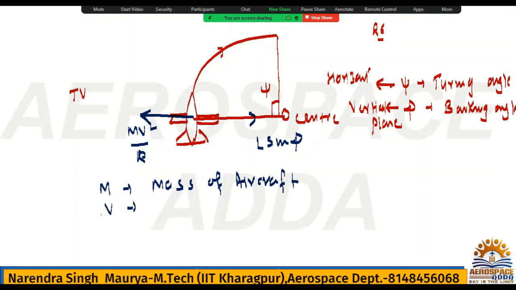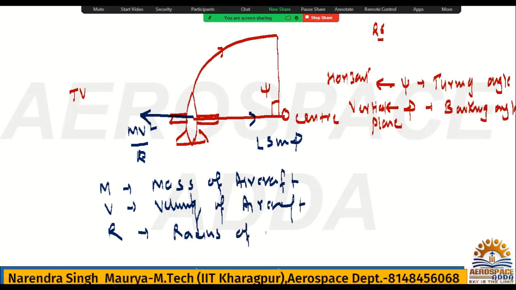Yes or no? And v is the velocity, and R is the radius. You can call it the radius of turning.